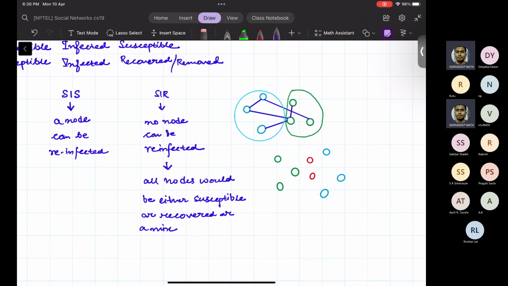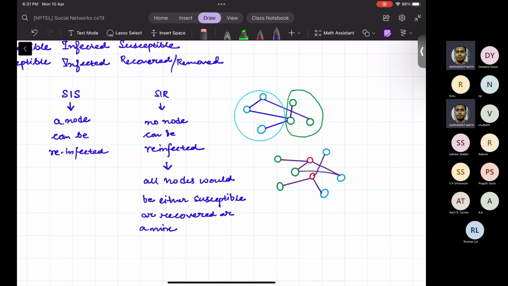So ultimately, this infection will eventually lead to recovery or removal from the network, and therefore these red colored nodes will not exist in the long run. They will move to the green category, that is the recovered category.